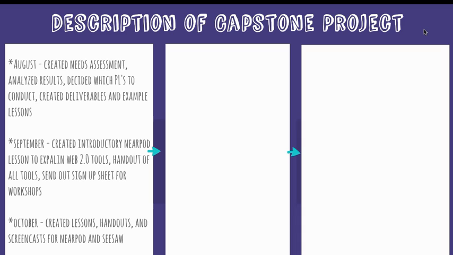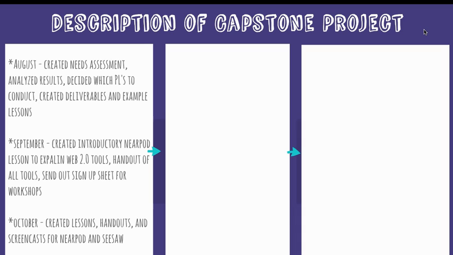After I had made the decision about which professional developments to conduct, I started creating deliverables and example lessons using the Web 2.0 tools that I could use for my instruction.